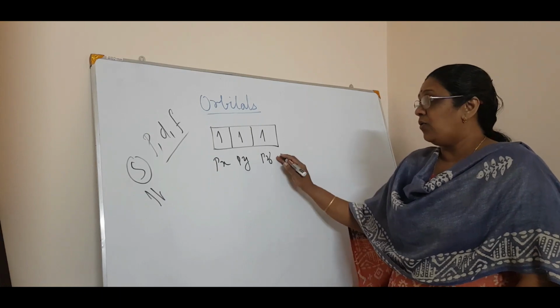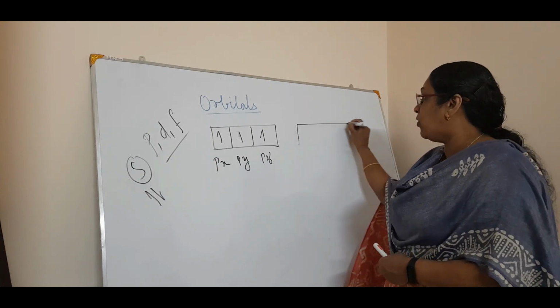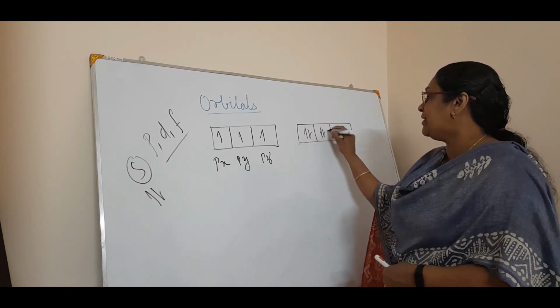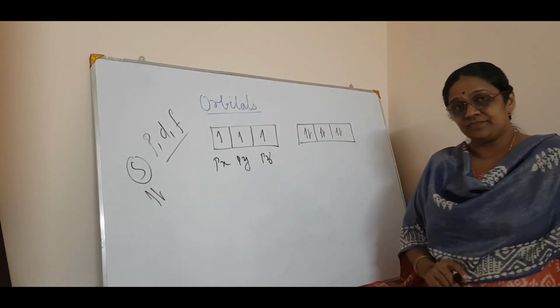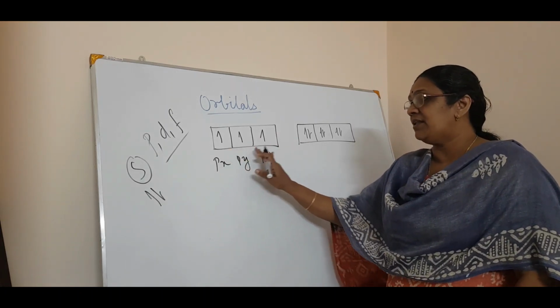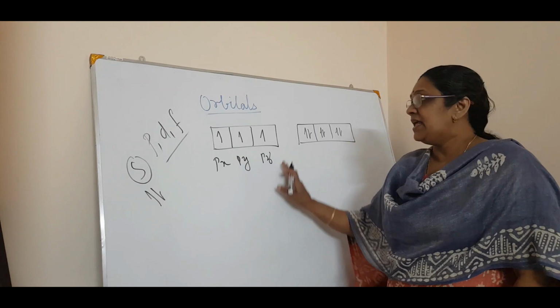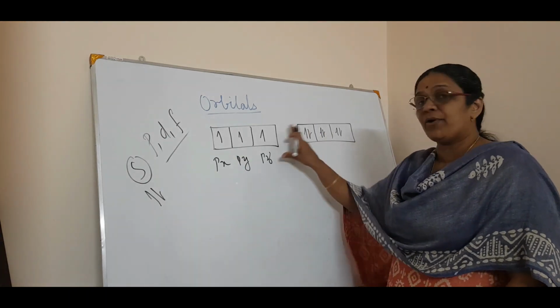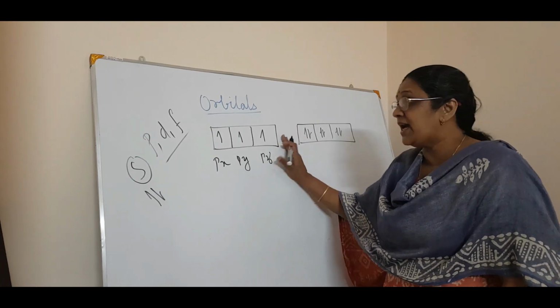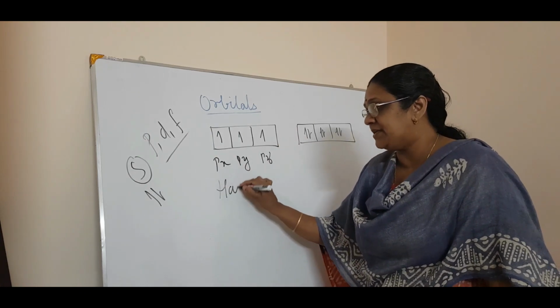When all the orbitals are filled, it will have 6 electrons. The 3 electrons in the 3 orbitals are half the number of the full-filled electrons. This is called half-filled stability.